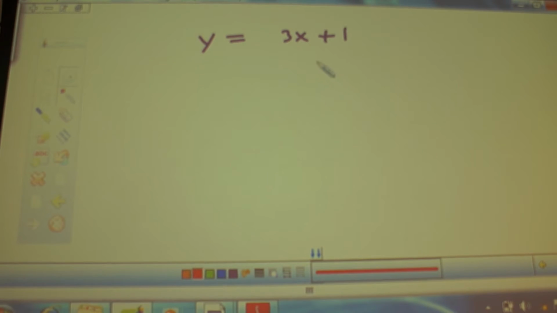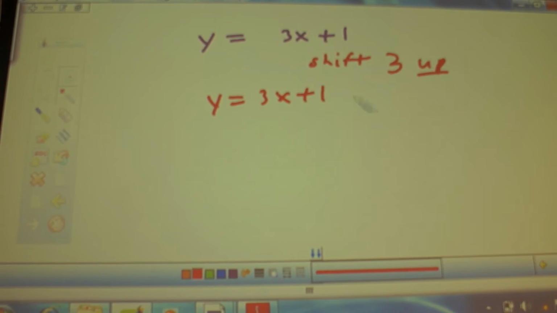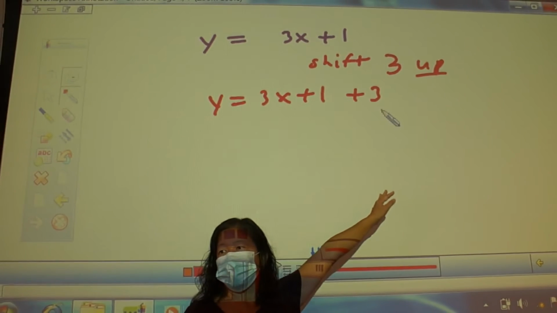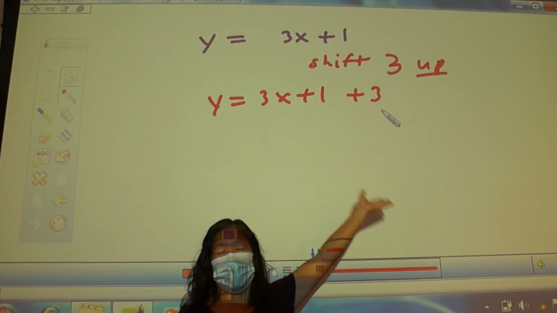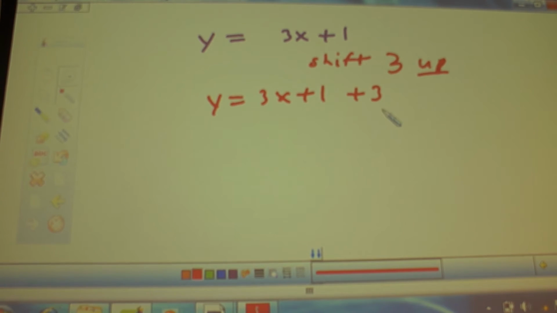If I want to shift, say, 3 up, then I would just add 3: y equals 3x plus 1 plus 3. No problem, right? Because this 3 is on the opposite side of y. So if I want the y to go up, I just do that. No problem. But with the x, it's a little bit tougher.